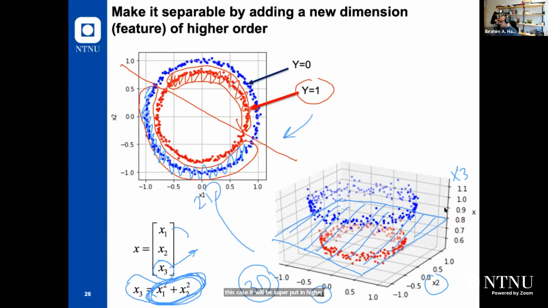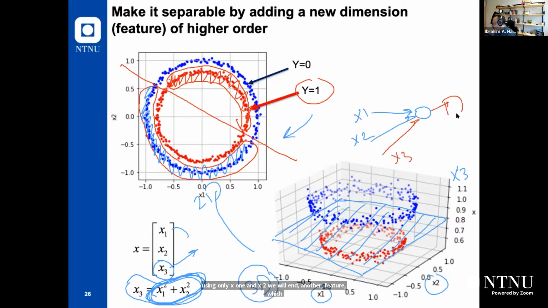If we are using a perceptron, instead of using only x1 and x2, we will add another feature, which is x3. And in this case, we can just use a perceptron for classifying this problem easily. This perceptron should be able to generate this plane, correct? Which will divide the data set into two different classes, 0 and 1, 1 above and 0 below it.